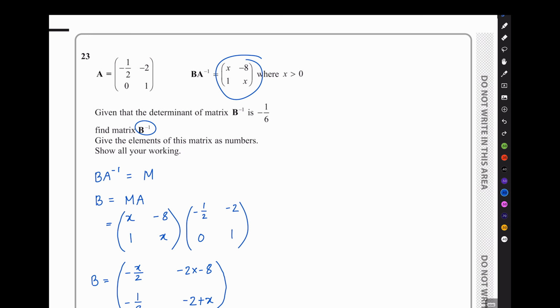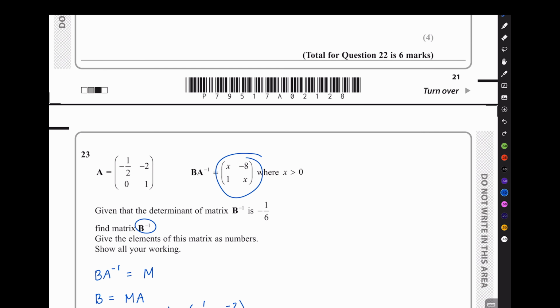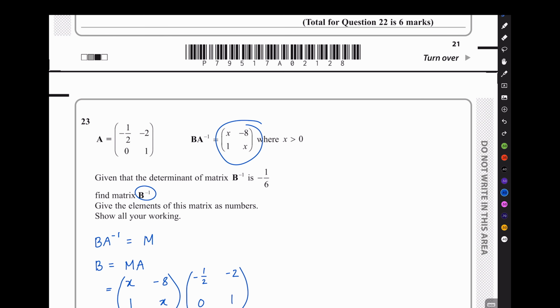Anyways, let me just read what else we already have. Given that the determinant of matrix B inverse is -1/6. One important fact that you should know is that the determinant of B inverse is basically 1 over the determinant of the original matrix.